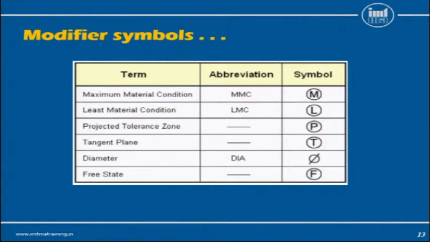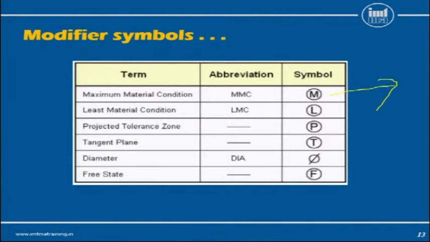Out of all the symbols, the most common symbol is this one, that is the M symbol, standing for maximum material condition.